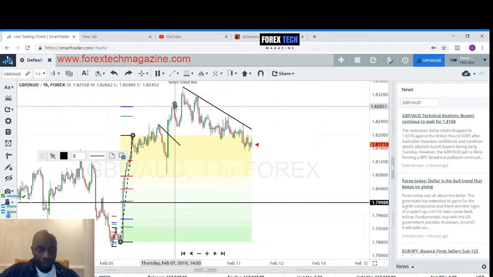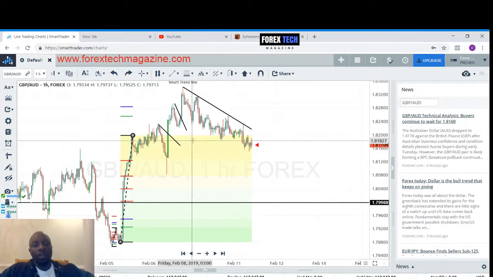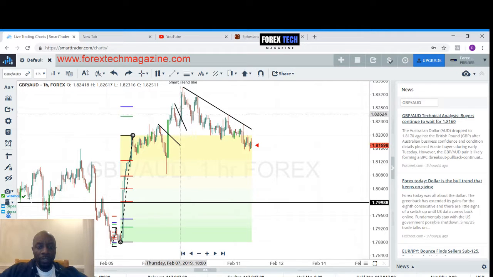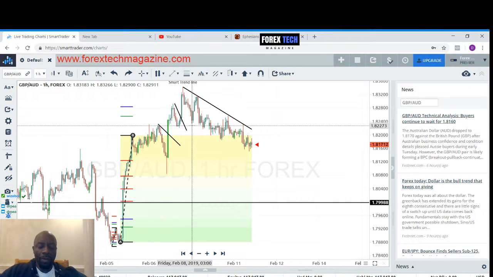Because then what you notice is that at some point, price is going to go back up again. And if price goes back up again, you get back in, you buy. As it moves up, you lock in your profit. And once it starts going back down again, you're back out, but you made money.